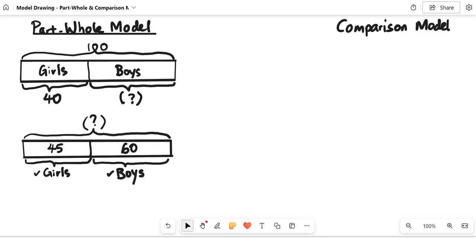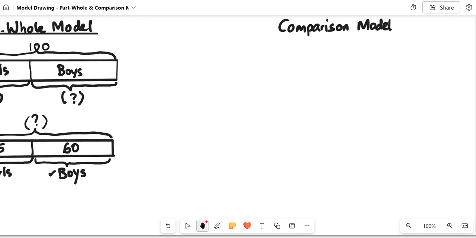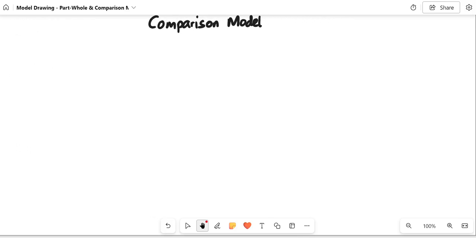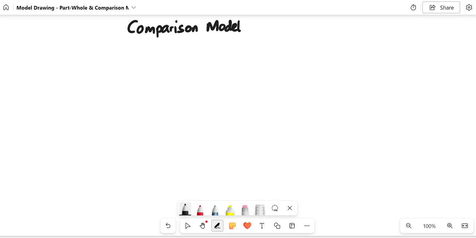Next, I'm going to move on to comparison model. A comparison model, there are more versions of the different types of comparison model. So to begin with, the most common comparison model, as the name suggests, is to compare.